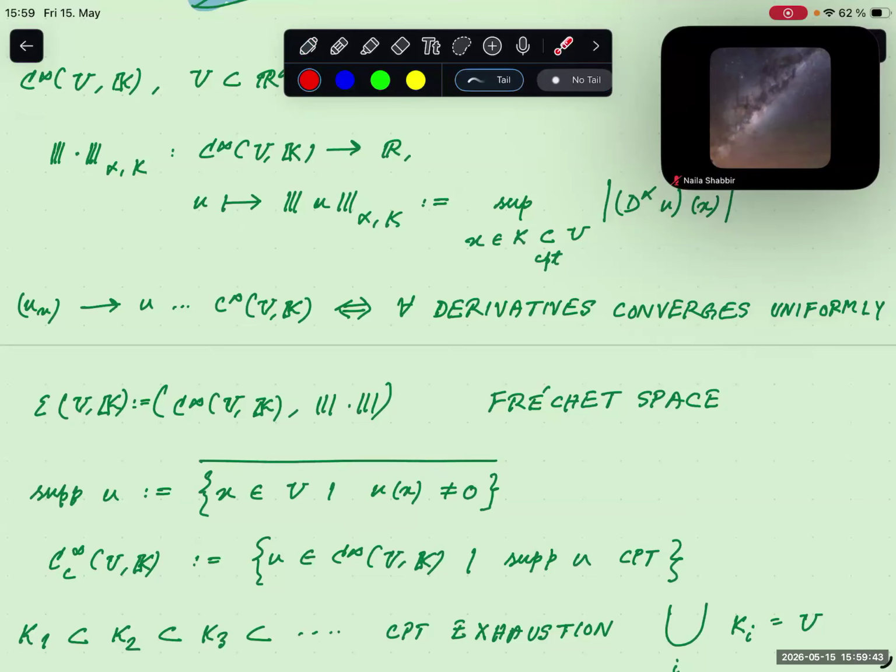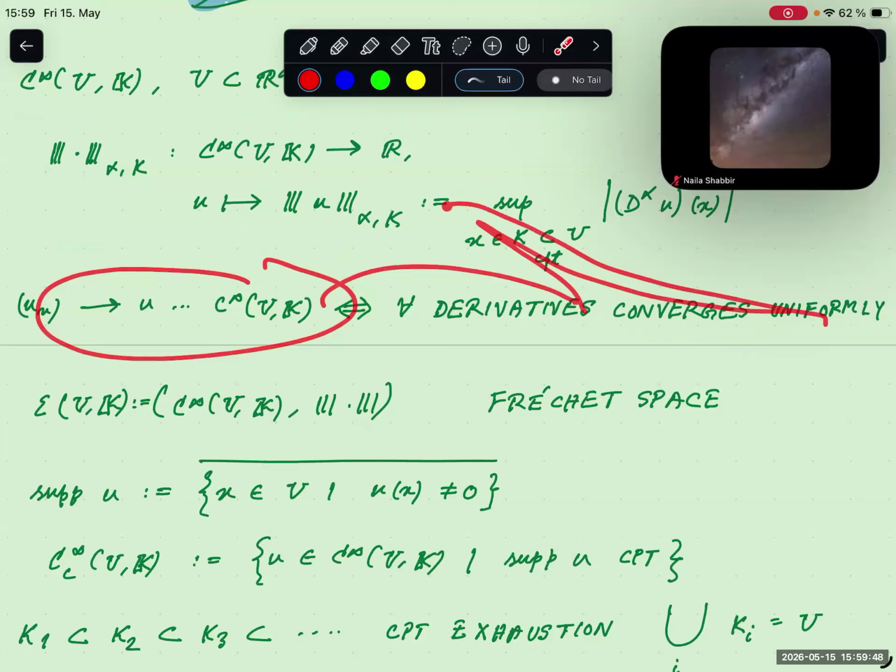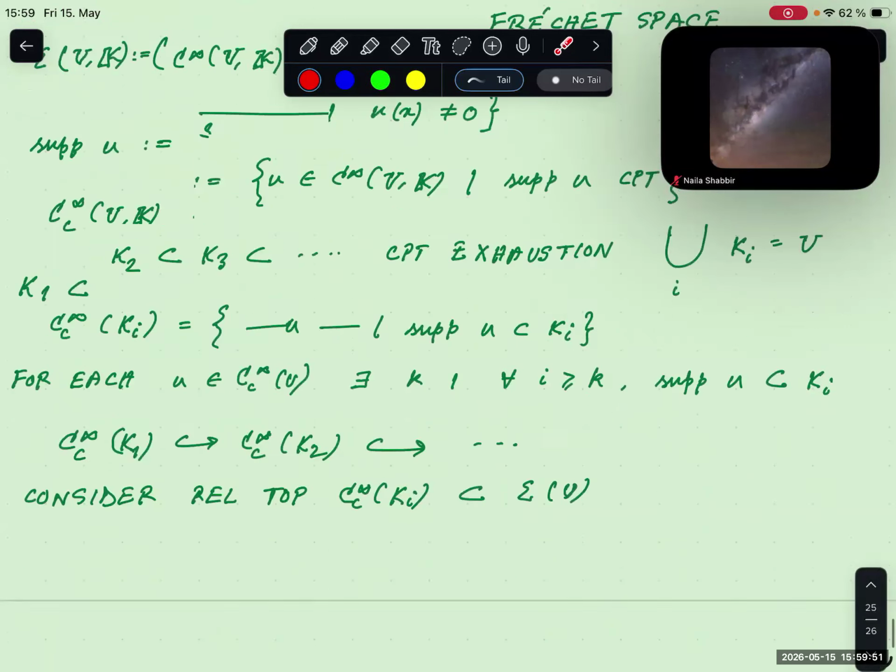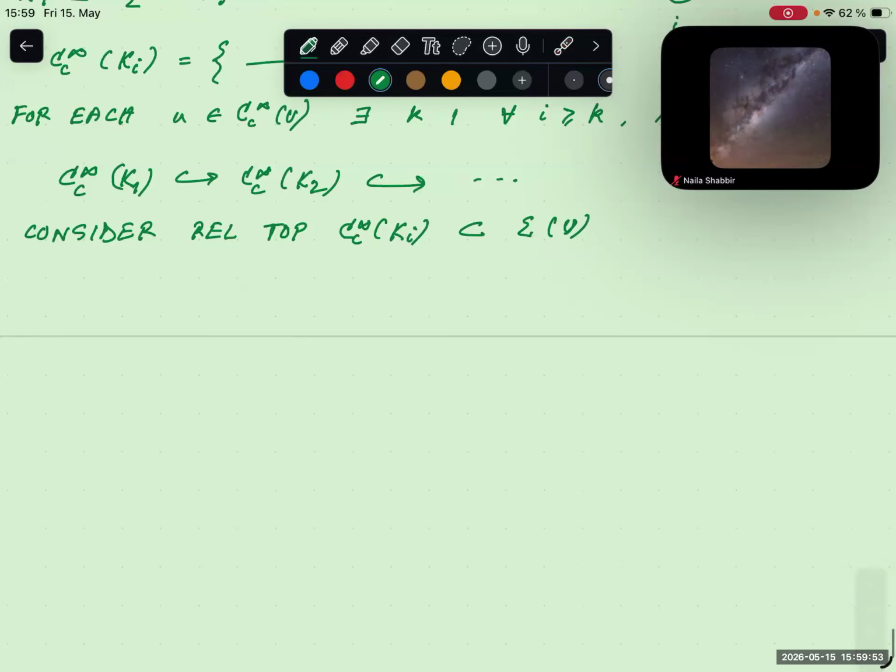Rather, let's try to imitate the same thing. So how do you define convergence? We say that this converges if all the derivatives converge uniformly on all compact sets. And now, same, but just rephrasing a bit, maybe in a more direct way. So what all this really means is that u_n converges to u on compactly supported functions.